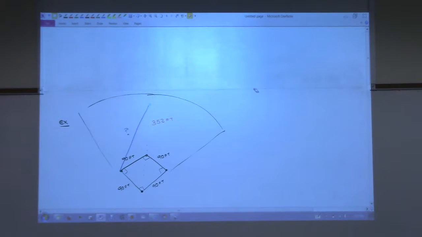Start drawing triangles. That's my advice. It's 45 because it's a straight line.